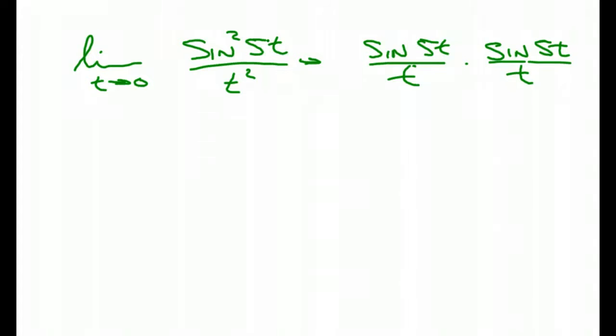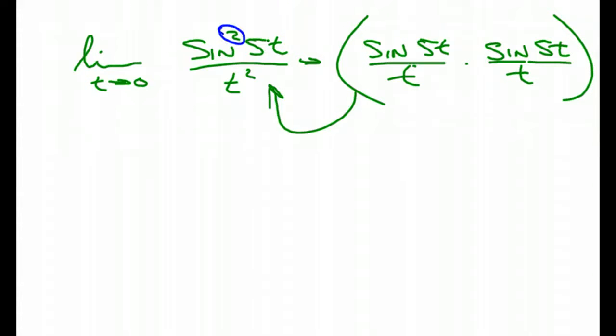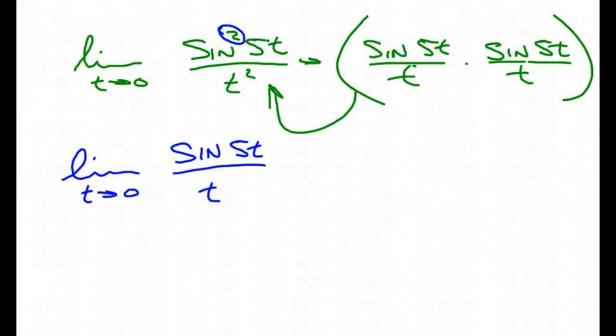If I multiply this together, I'm going to get that back. That's what my sine squared of 5t means, that I'm taking sine of 5t twice. So I split it up, and all I'm going to do is then take the limit of each one of these. So I'm just writing a whole bunch of stuff that really doesn't need to be written, but yeah, I'll put a multiplication sign.